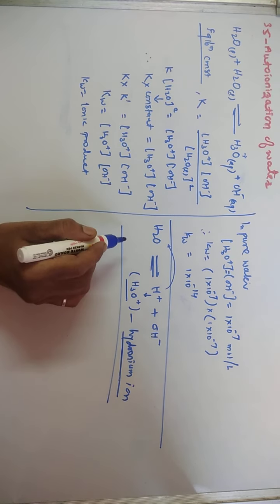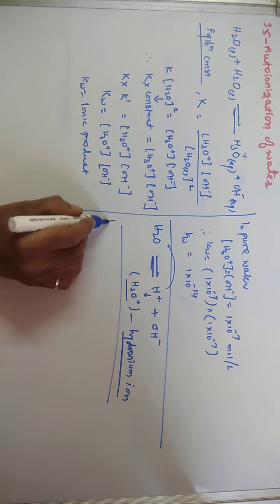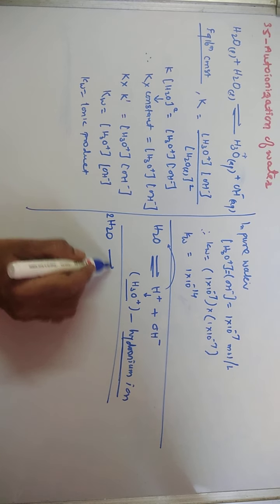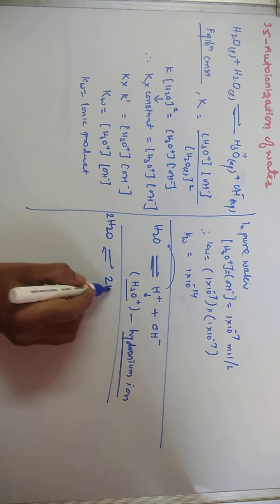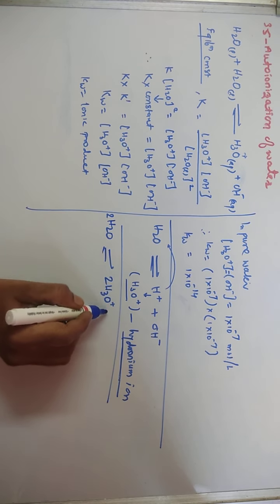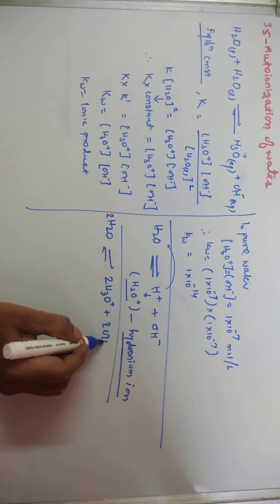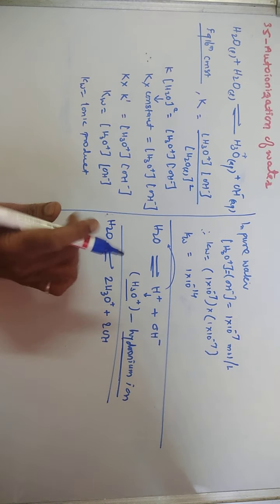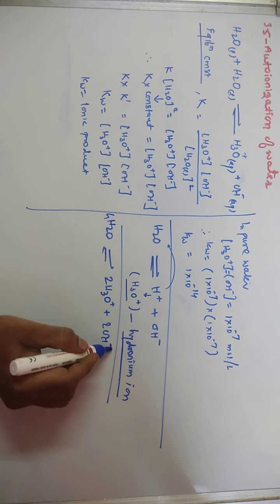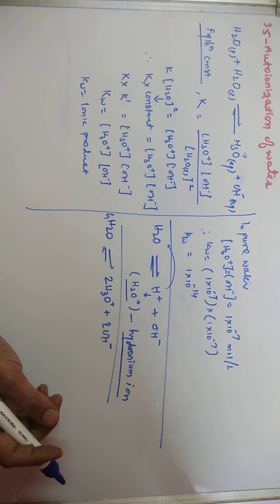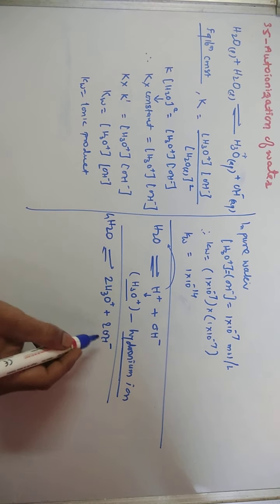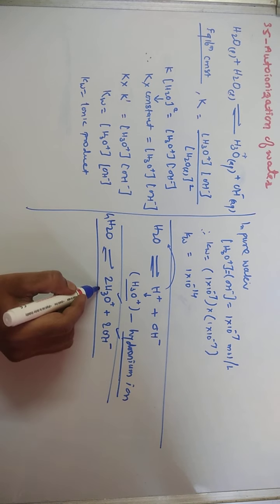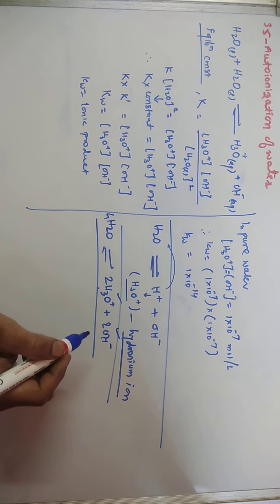So the ionization of water henceforth we are writing this way, that is 2H2O giving H3O plus and OH minus.